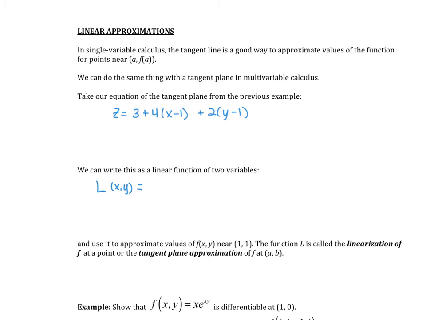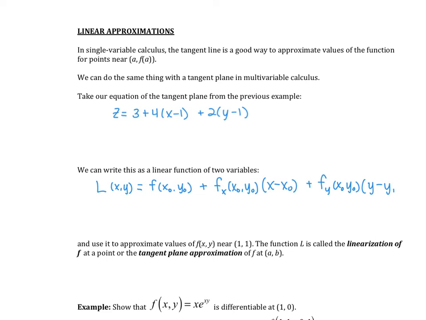remember linearization is capital L, equals the function evaluated at the point x naught, y naught, plus the partial derivative with respect to x evaluated at the point times x minus x naught, plus the partial derivative with respect to y evaluated at the point x naught, y naught, multiplied by y minus y naught.